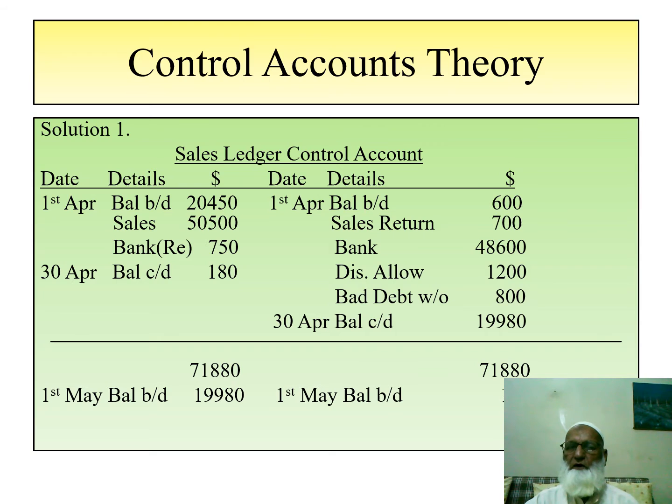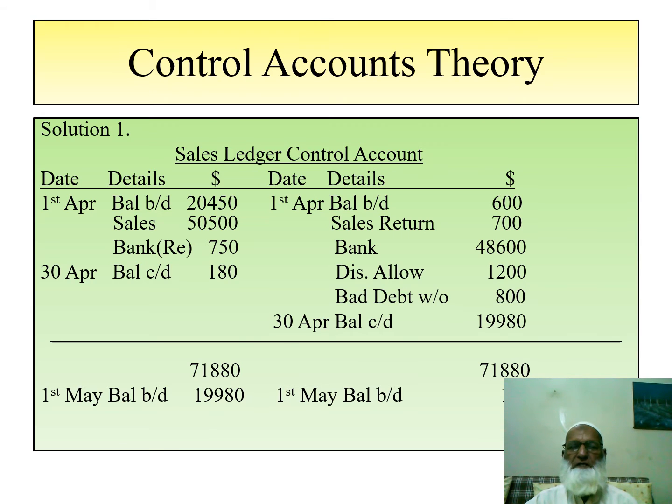Bank means that we have received some cash, 48,600, from our credit customers. Discounts were allowed for 1,200, and bad debts were written off. Bad debt written off is 800.